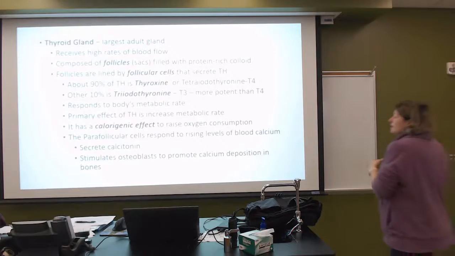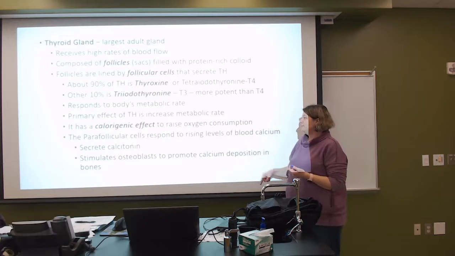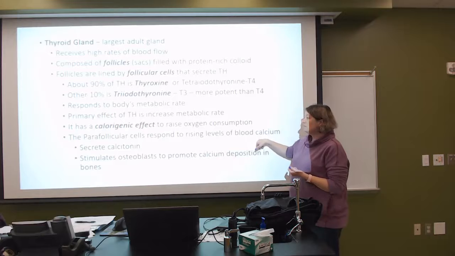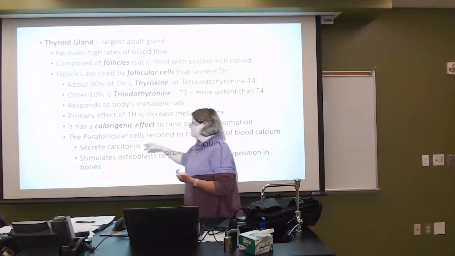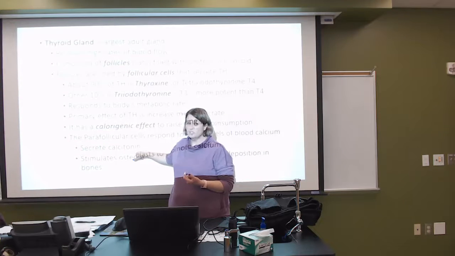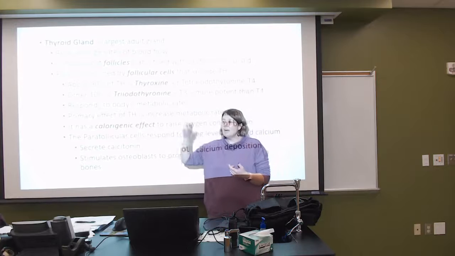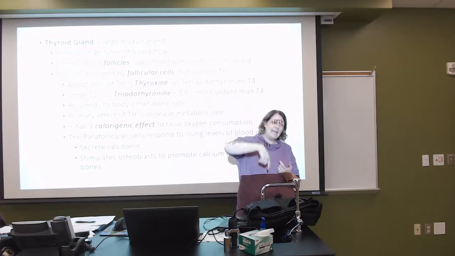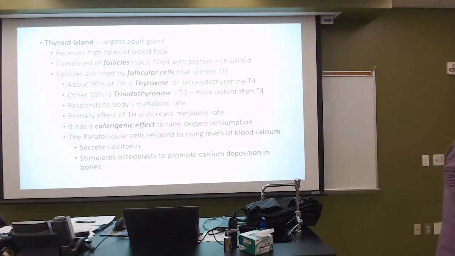So those cells in the thyroid, if blood calcium levels are too high, their hormone that they secrete, which is calcitonin, will make those osteoblasts, and remember, blasts are the immature form of a cell, work.